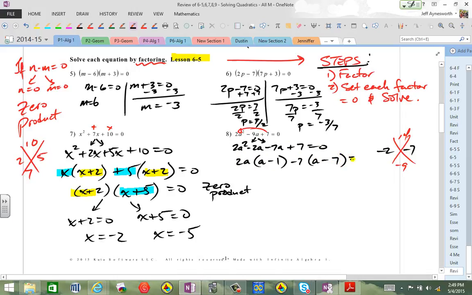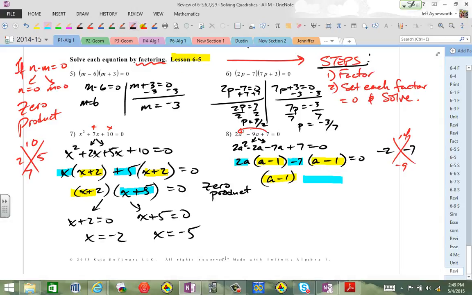So negative 7 times a is negative 7a. Negative 7 times, whoa, that's supposed to be a 1 there. Negative 7 times negative 1 is positive 7. Notice how I just caught my little mistake there by checking, by distributing back through. You want to factor out a minus 1. Multiply it by the remaining terms, 2a minus 7. So 2a minus 7 here.